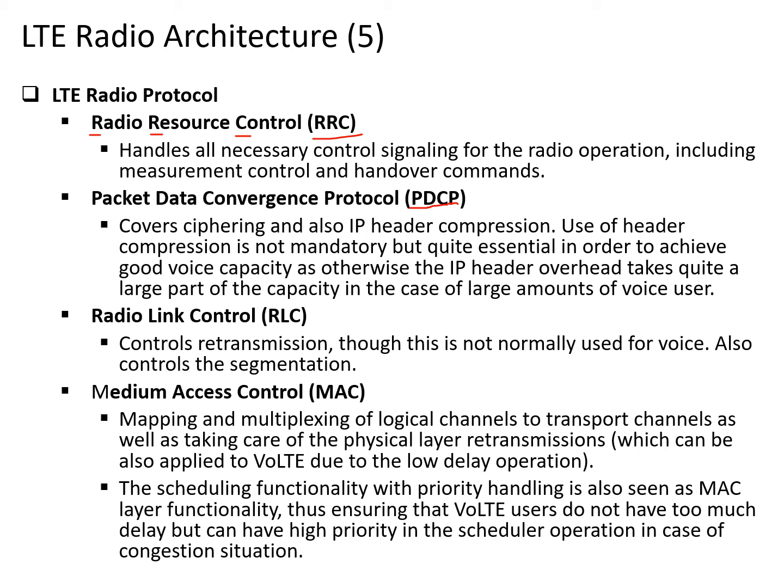Packet data convergence protocol, PDCP, covers ciphering and also IP header compression. The use of header compression is not mandatory, but quite essential in order to achieve good voice capacity, as otherwise the IP header overhead takes quite a large part of capacity in case of a large number of voice users.